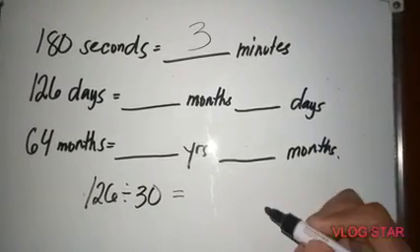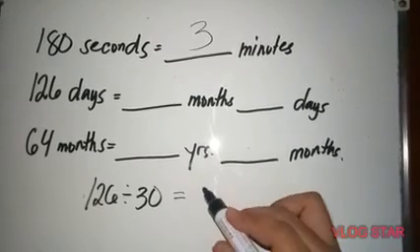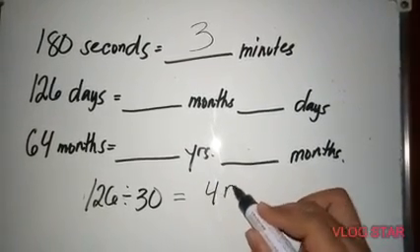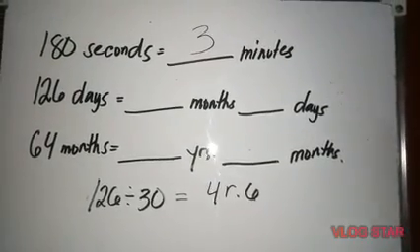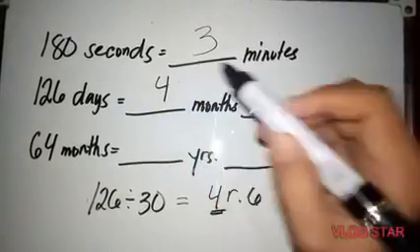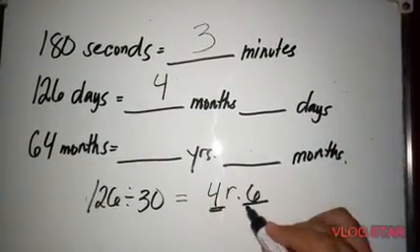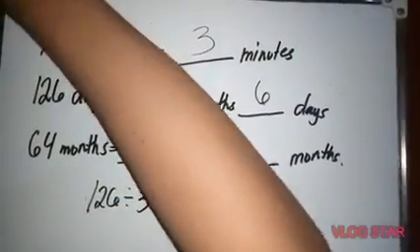So 126 divided by 30 is 4, remainder 6. So it means that we have 4 months and the remainder is days. 4 months and 6 days.